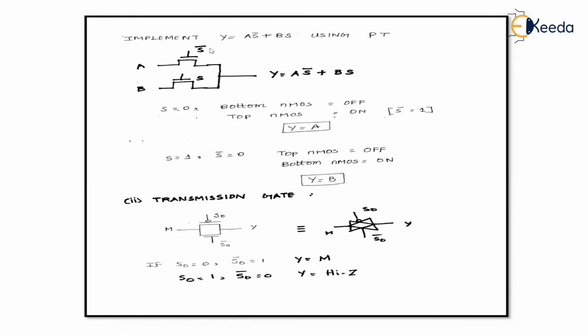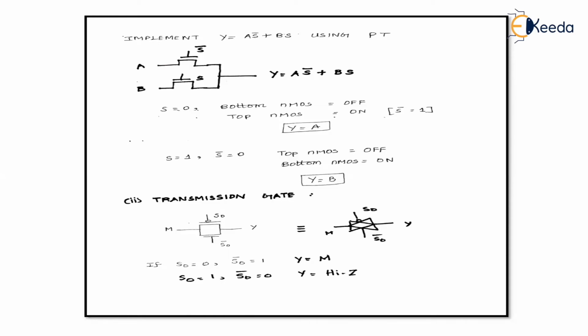To the first top transistor I am giving S bar as the control signal. What is this? It is nothing but an AND operation. So Y is equal to A into S bar will be at the output. That is ORed with B and S. So B is one input and S is another input. So B into S plus A into S bar. That will give you the pass transistor version of the multiplexer.